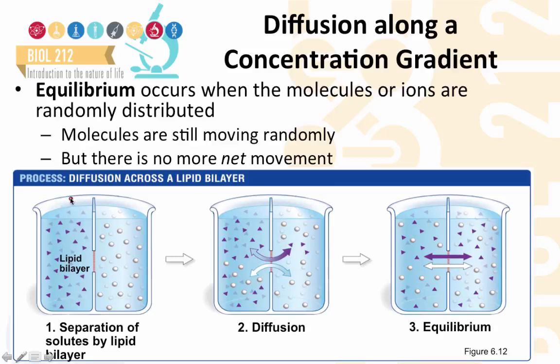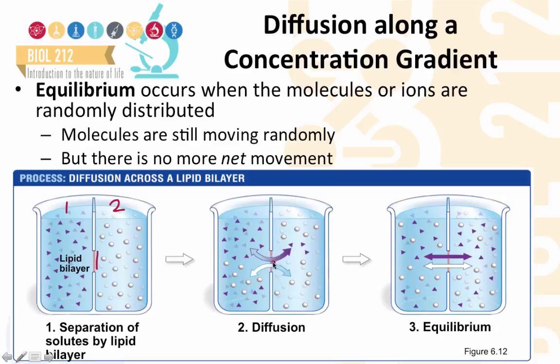Take, for example, two solutes that are separated by a selectively permeable membrane, solute 1 and solute 2. There's a higher concentration of solute 1 on the left side of the membrane, and there's a higher concentration of solute 2 on the right side of the membrane.